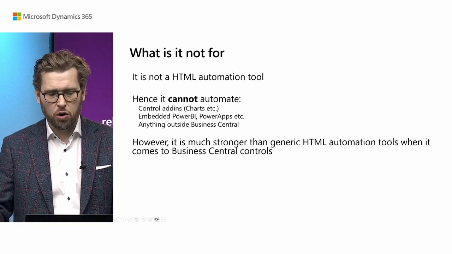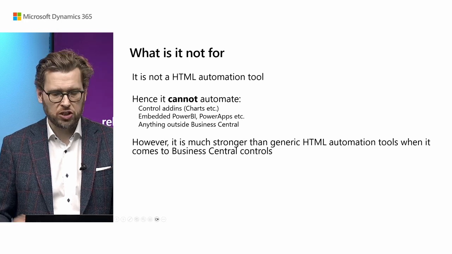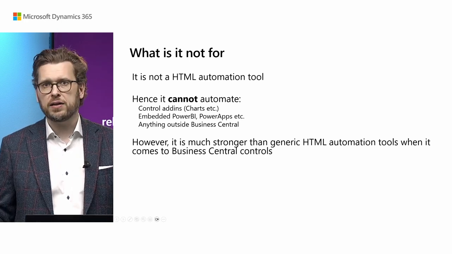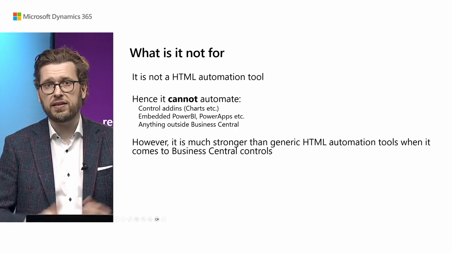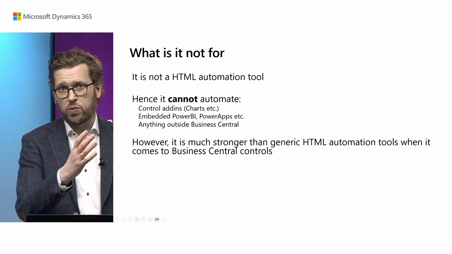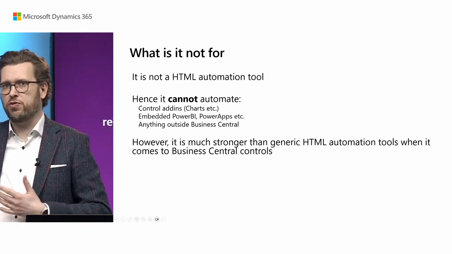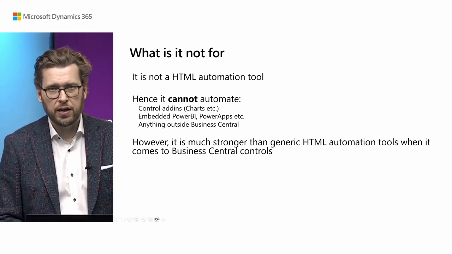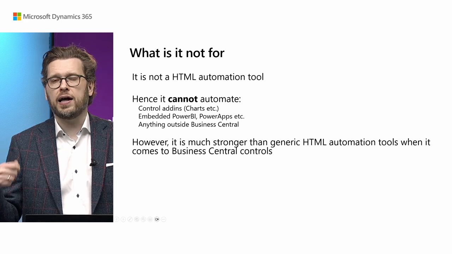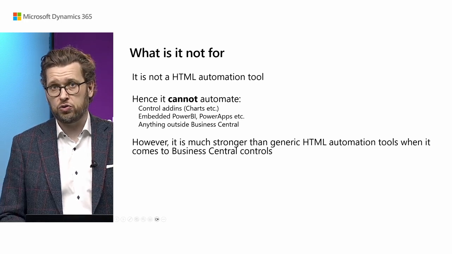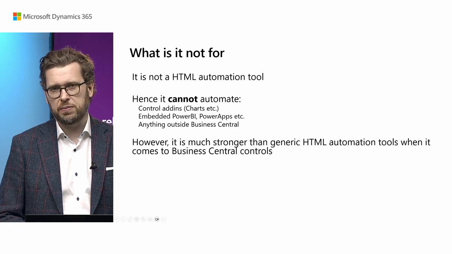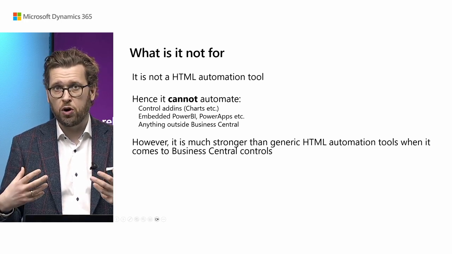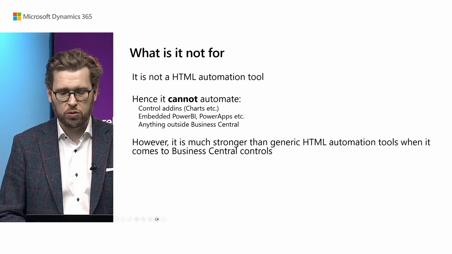So we cannot automate control add-ins like charts or any embedded content like Power BI or Power Apps or something like that, or anything outside of Business Central where you want to orchestrate some kind of end-to-end flow that goes outside. It is relying on knowing about the controls and knowing about BC, but that is also what makes it stronger than an HTML automation tool for some of the scenarios that involve Business Central controls.